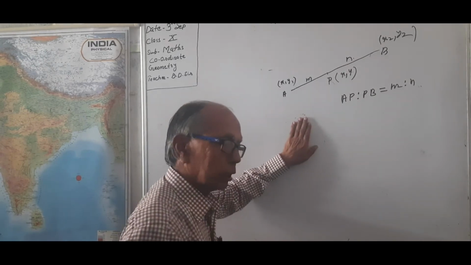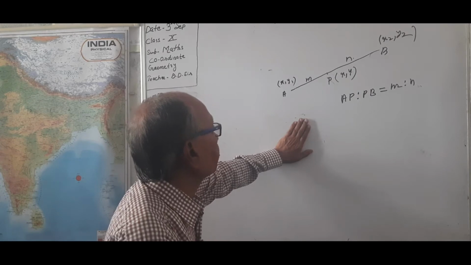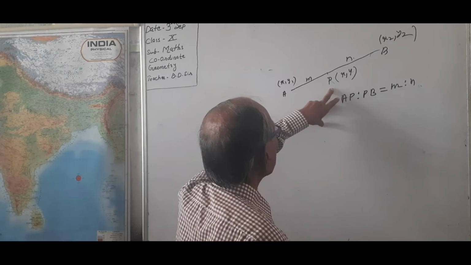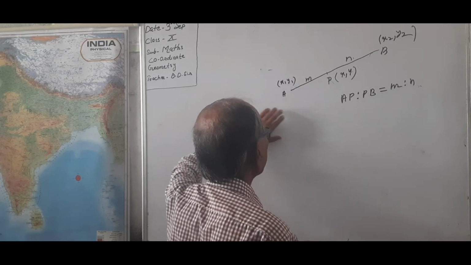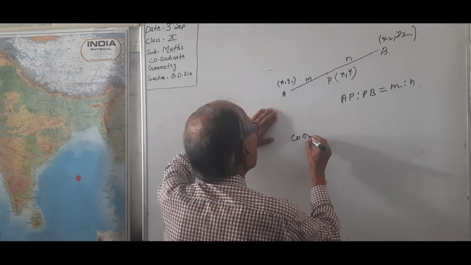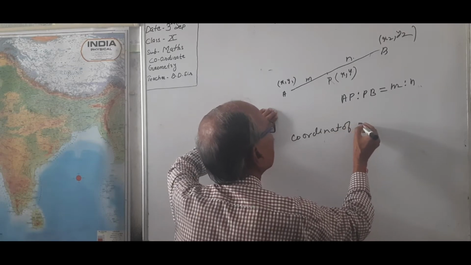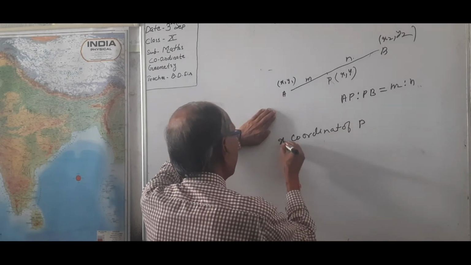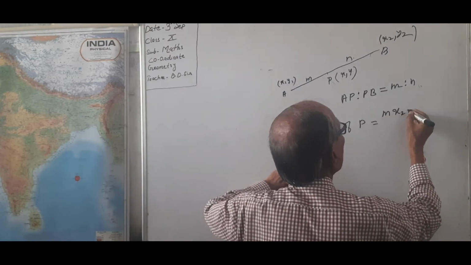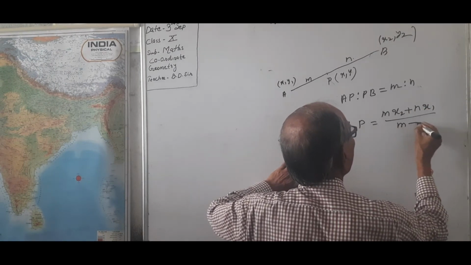So we shall know the formula of the coordinate of point. Suppose the coordinate of point P is x and y. Now x coordinate of P is equal to mx2 plus nx1 by m plus n.